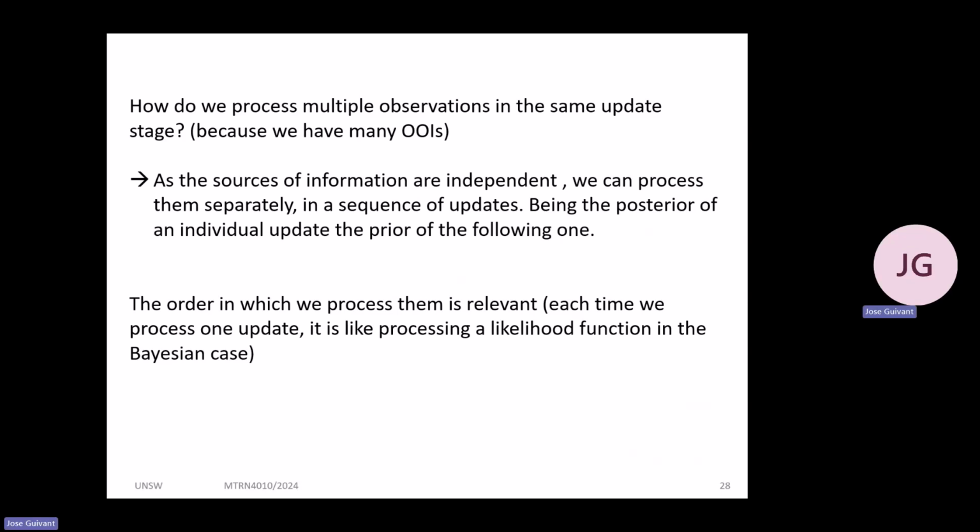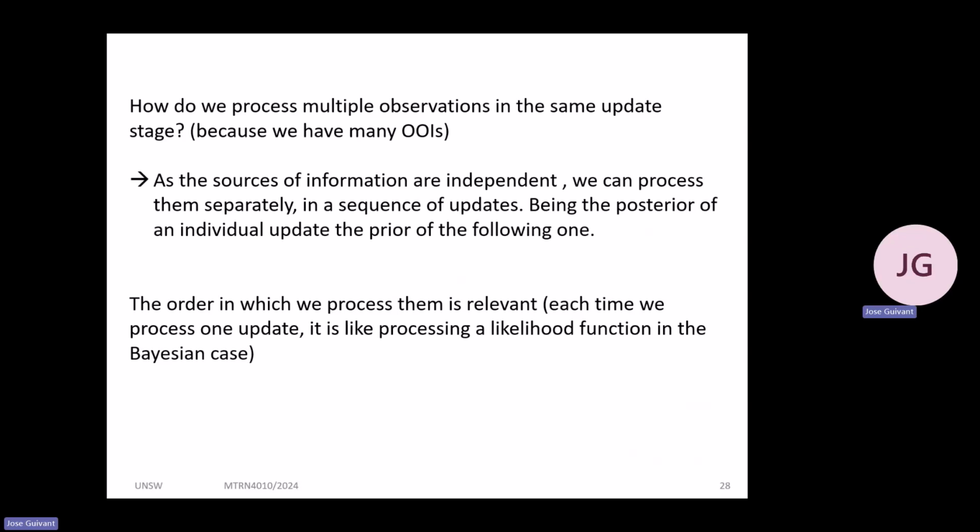And then you process the last one, the last measurement of distance to that object of interest, having this prior, which was the posterior that I got in the previous calculation. And now we do again one Kalman filter update, and we get a new posterior that will be the final posterior in this combined update, processing multiple objects of interest.